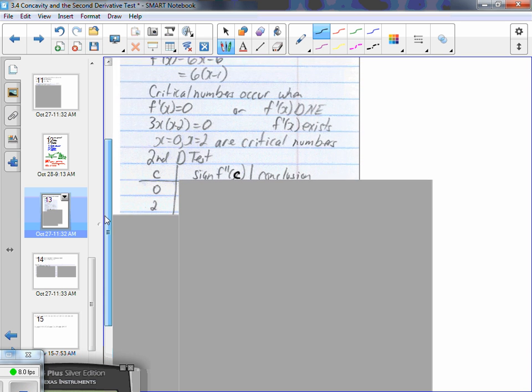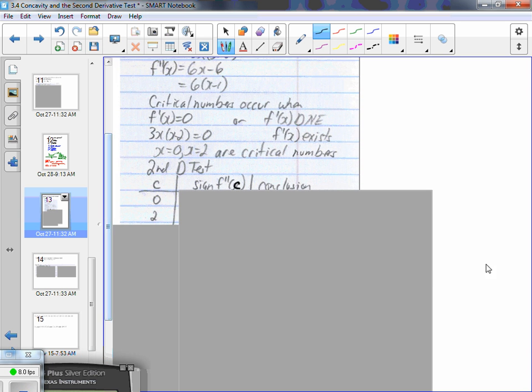Now, we're going to use the second derivative. We need to know the sign of the second derivative. Here's why, right? The first derivative equals 0 when x equals 0, horizontal tangent line. The first derivative equals 0 when x equals 2, horizontal tangent line.